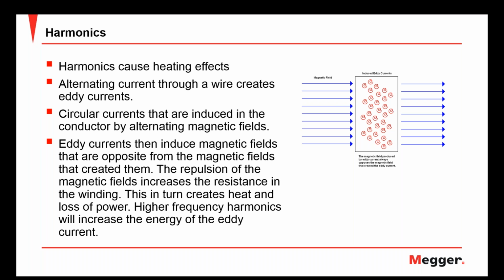In turn, that alternating magnetic field cuts the wire and creates circular currents within that wire, which are known as eddy currents. Those eddy currents create their own magnetic field, which is in opposition of the magnetic field of the fundamental current coming through it. So it creates a resistance to it.